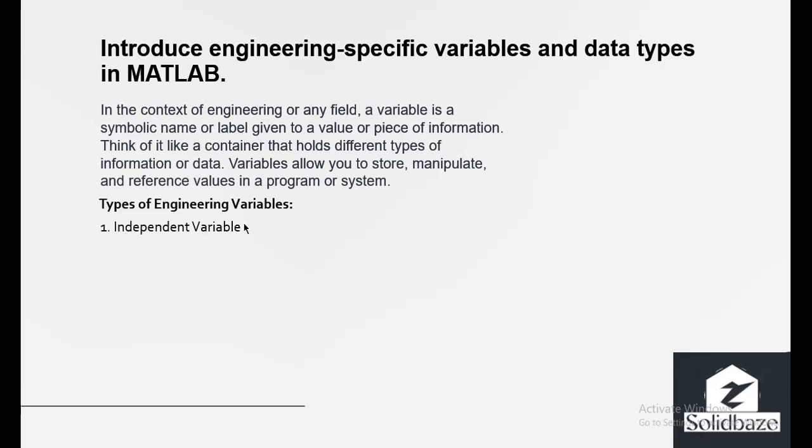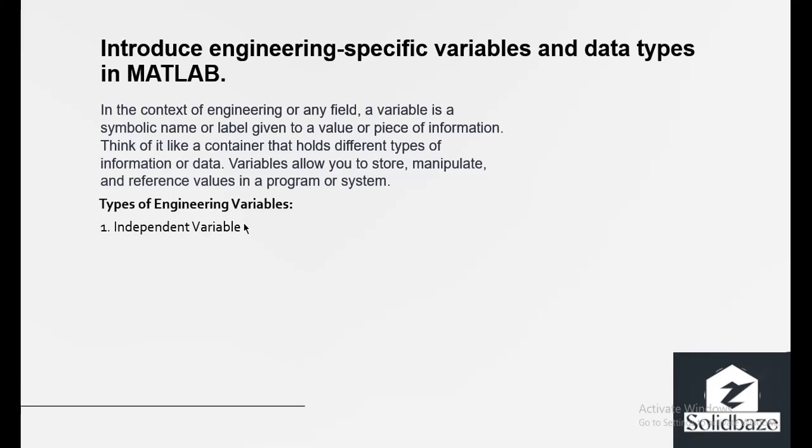You just have to look at the independent variable, because what we are trying to do in this example is investigate how the angle of a solar panel affects the amount of energy generated. So the independent variable here is the angle of the solar panel.